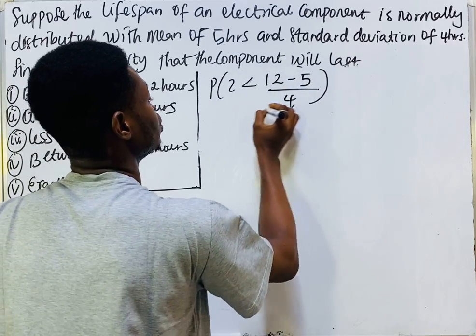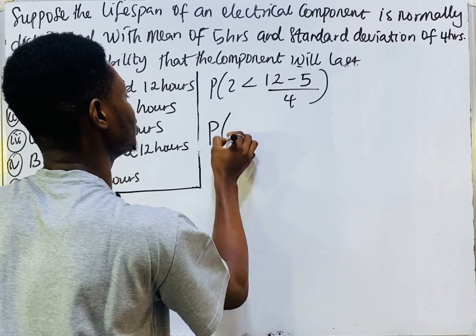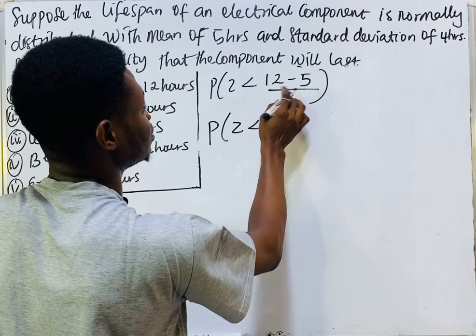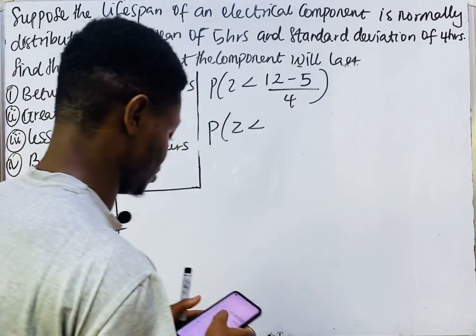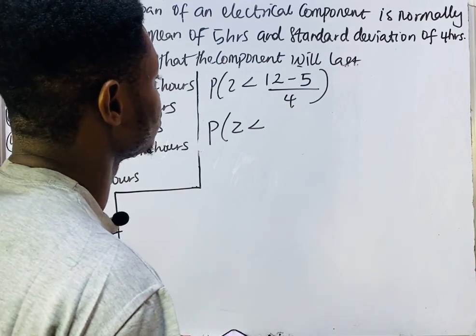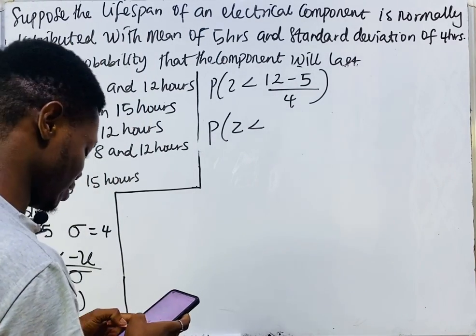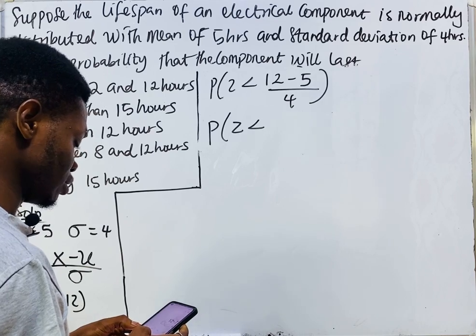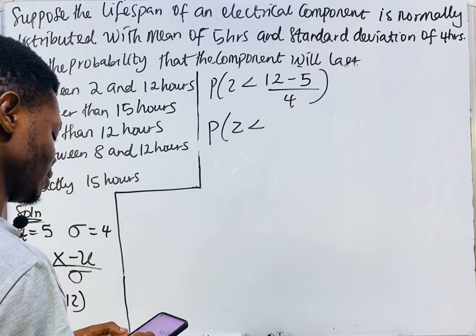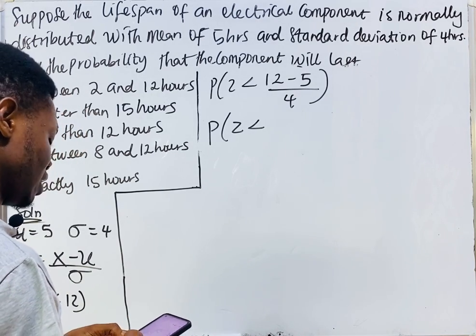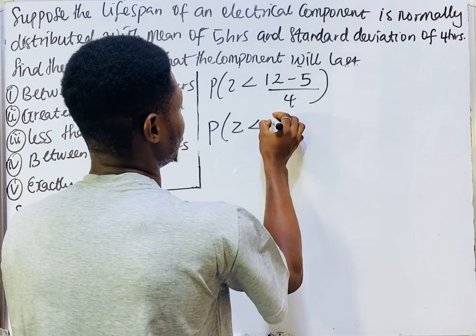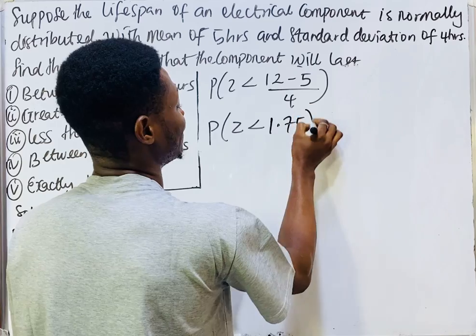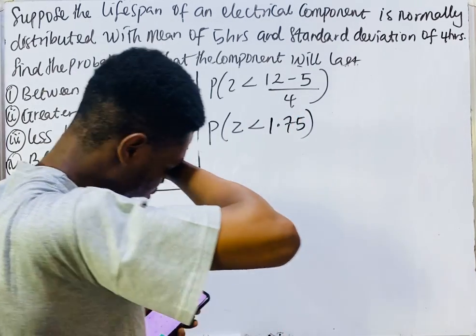So it will be the probability that Z is less than 12 minus 5, which is 7, divided by 4, which is 1.75. So that's the value.